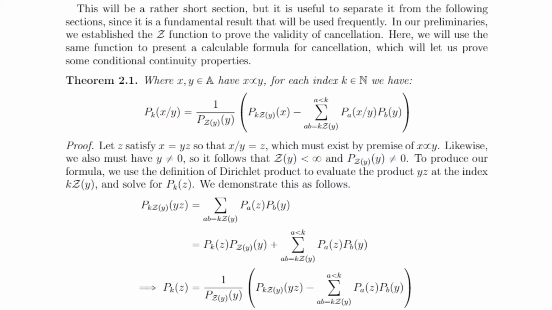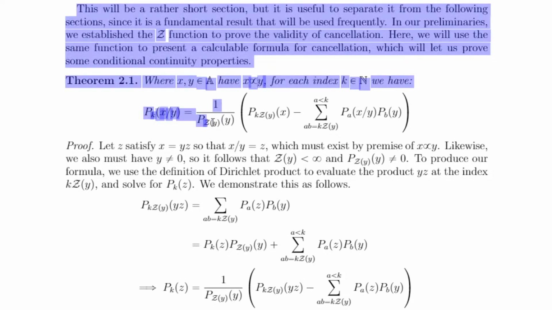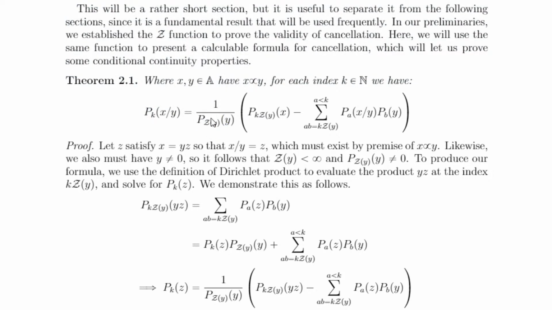And to break this formula down, we have this reciprocal here. This is the projection of y, and the axis that we're projecting it onto is z of y. If you remember, the z function tells us the lowest index where the input is non-zero. So when we're taking the projection on the z of y, we're saying, take the lowest non-zero index of y and tell us what its value is there.